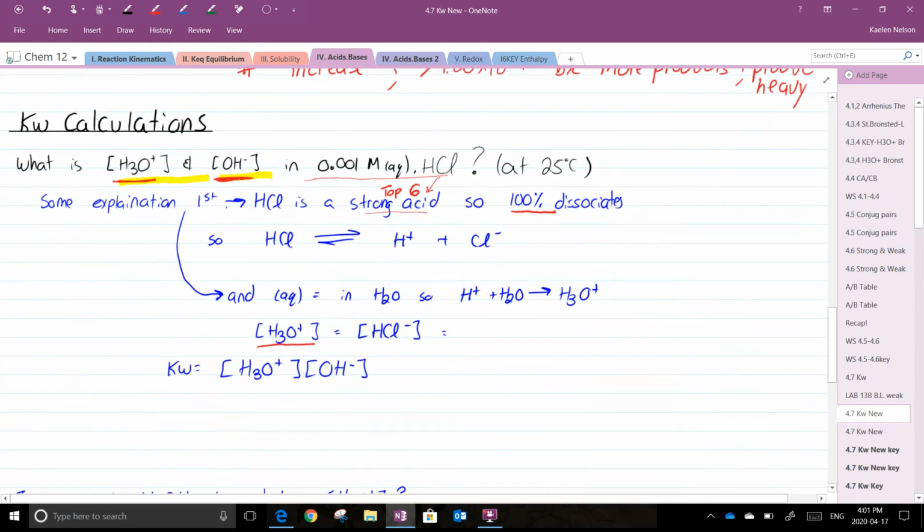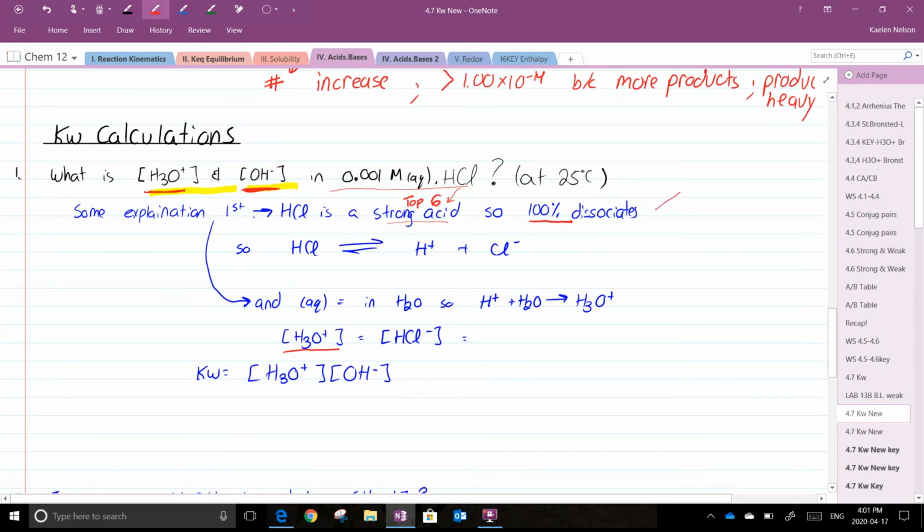It's a strong acid, which means it dissociates 100%, and that means that this value for H plus is actually going to be the same as my concentration of acid. So if my HCl is 0.001 molar, that means my H plus is also 0.001 molar. That's what 100% dissociate means. And my Cl minus is also 0.001 molar, because these are 1 to 1.